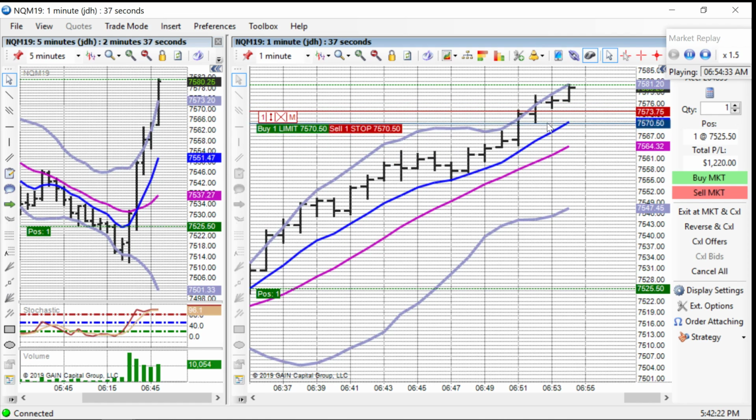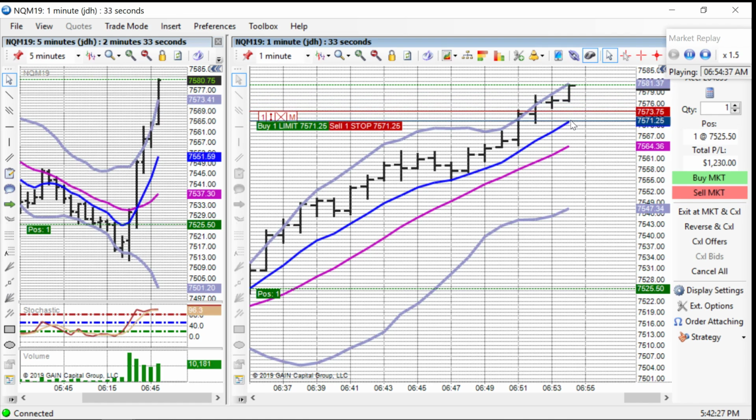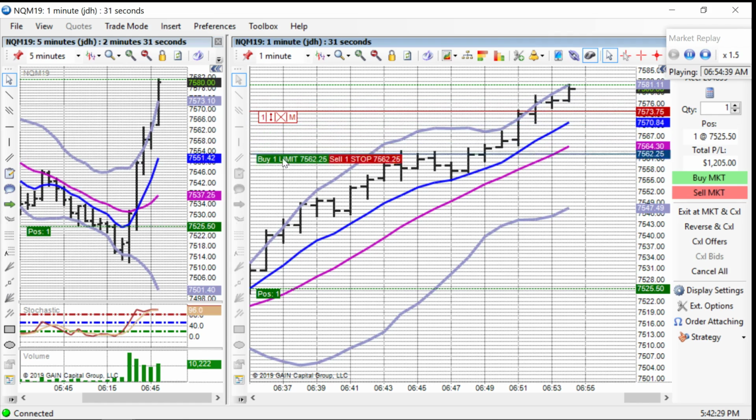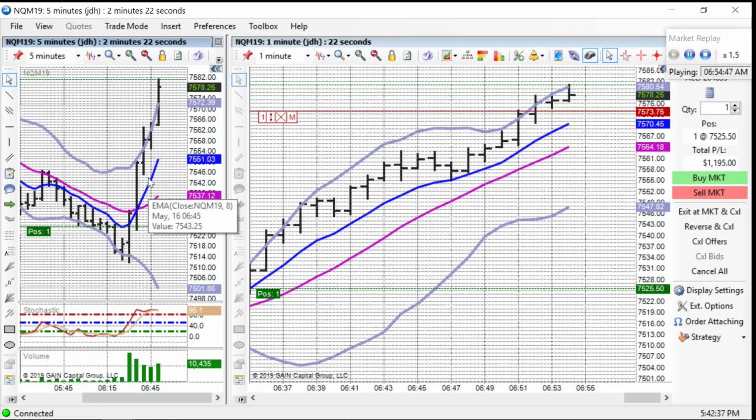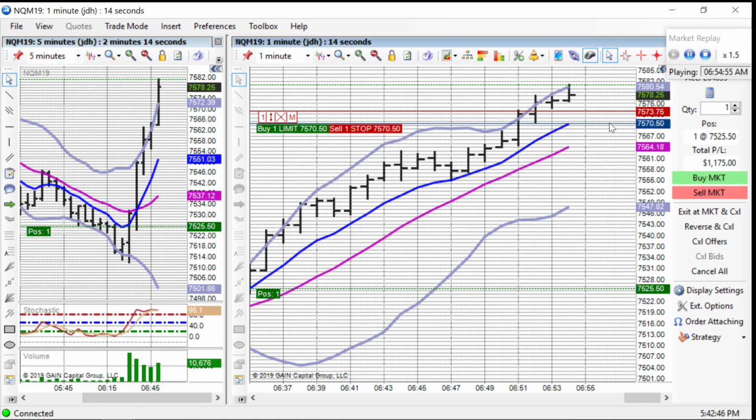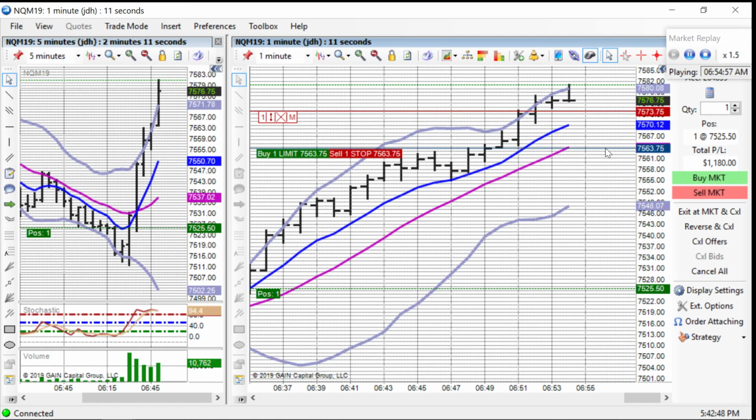That's a good indication of a possible trend reversal. But on days like today, when the trend is so strong, you don't want to take any trend reversal trades. There's no reason to. You just want to stay with the bias of the trend.